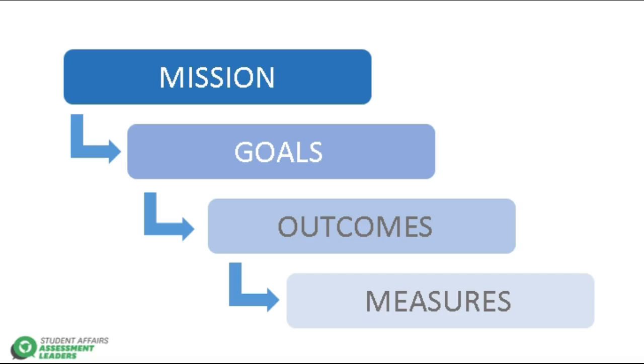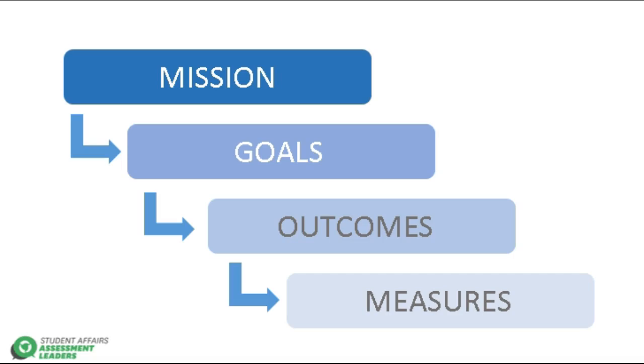The mission statement guides the development of goals, outcomes, and assessment measures. Most directly, goals and their subsequent outcomes and measures should be driven by the mission statement. Once goals are identified, several learning and operational outcomes can be written that break the goal down into smaller, more manageable and measurable chunks. After outcomes are drafted, one or more assessment measures can be used to collect data and determine if the outcomes and subsequent goals have been met.